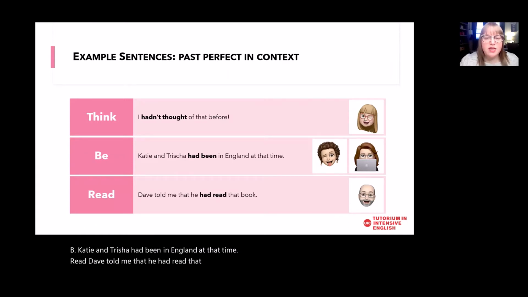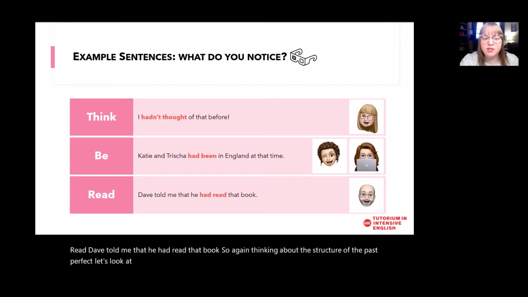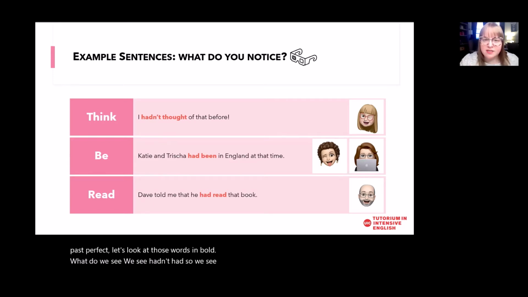So again, thinking about the structure of the past perfect, let's look at those words in bold. What do we see? We see hadn't, had, had. So we see a simple past, have. Okay, thought, been, and read.